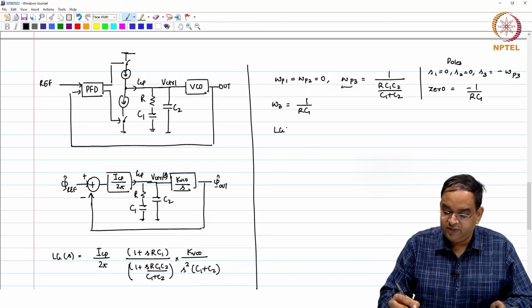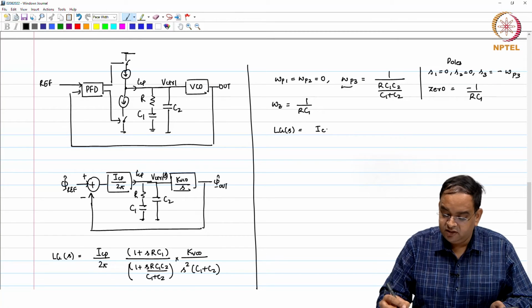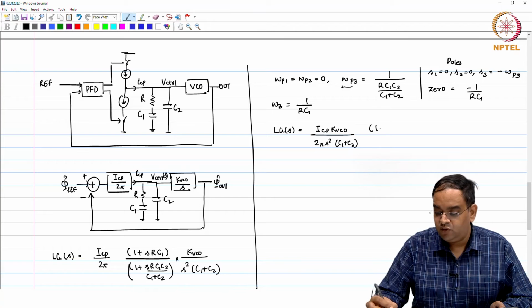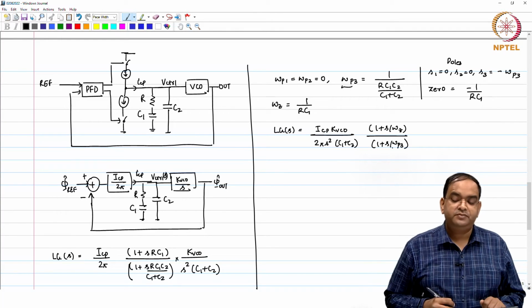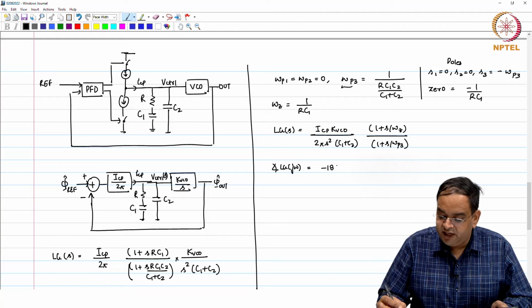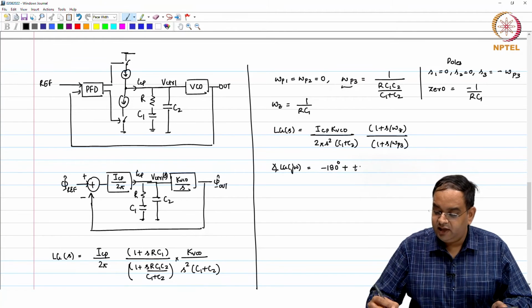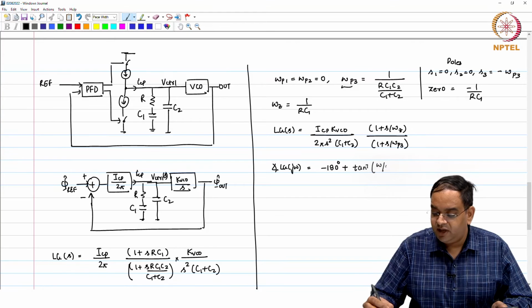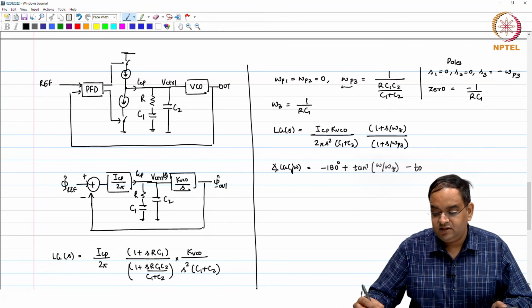So, the loop gain expression can be rewritten as ICP KVCO divided by 2 pi S square C1 plus C2 into 1 plus S by omega z divided by 1 plus S by omega P3. Okay. The angle of this loop gain at any given frequency is equal to minus 180 degree plus tan inverse of omega by omega z minus tan inverse of omega by omega P3.